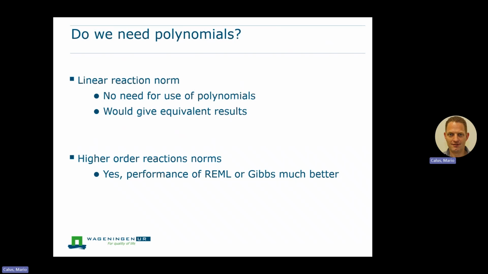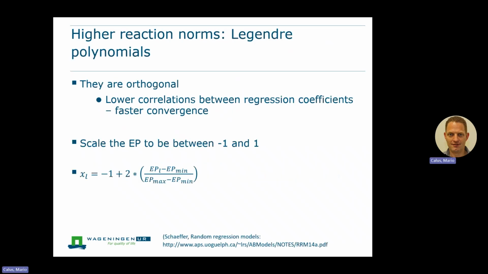If you run a model like this in a package like ASReml, it has standard options to compute these Legendre polynomials. Another way of saying that they're more or less independent is that they are orthogonal.